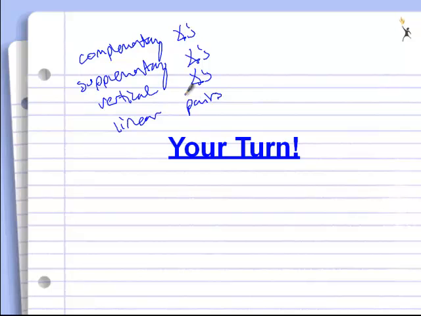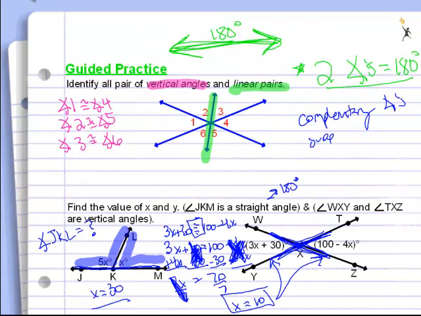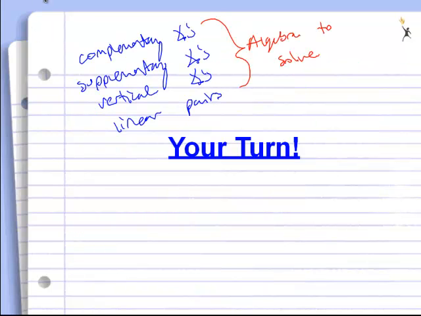Hopefully you know what those 4 things are because those are the different identities that we dealt with today. But then hopefully also you're able to use algebra to solve for missing parts, just like what we did in the guided practice. Hopefully you can use your geometry to set up a problem, then you can use the algebra to actually solve the problem. Let's take a look at your homework now.